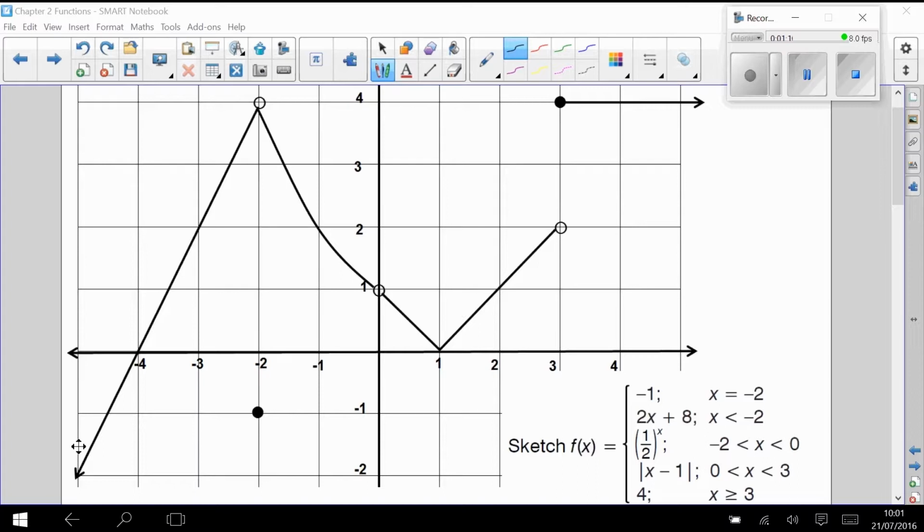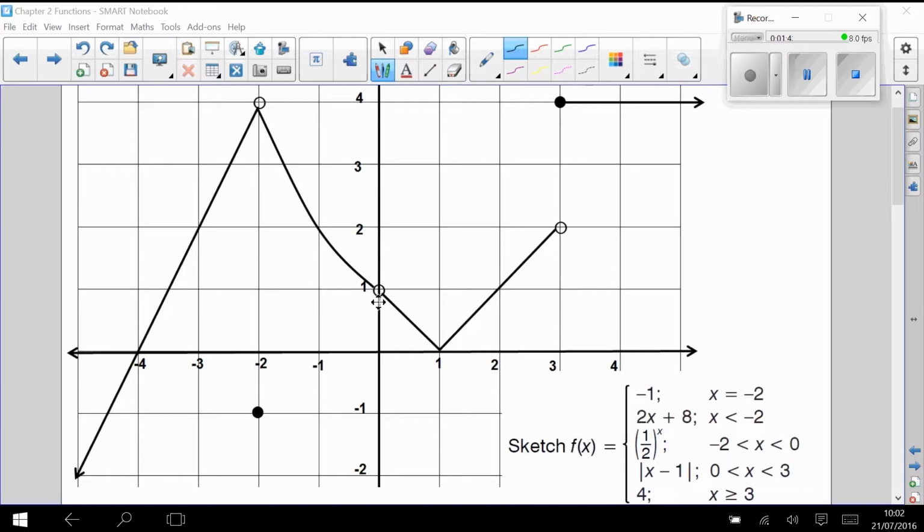Moving on to the third part, you can see that I have drawn a decreasing exponential function, and that can only be drawn between the values when x is minus 2 and x is 0. As I wasn't allowed to use minus 2 or 0 for this part of the function, I have open circles at those two x values to indicate that they have been excluded.